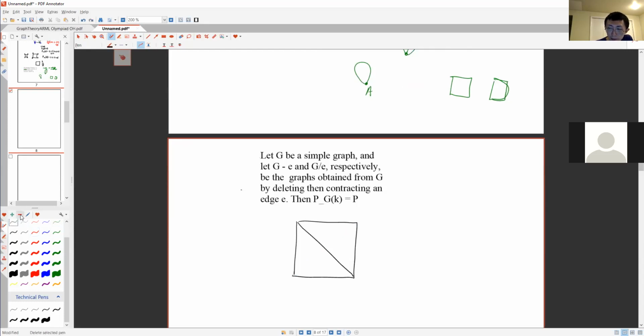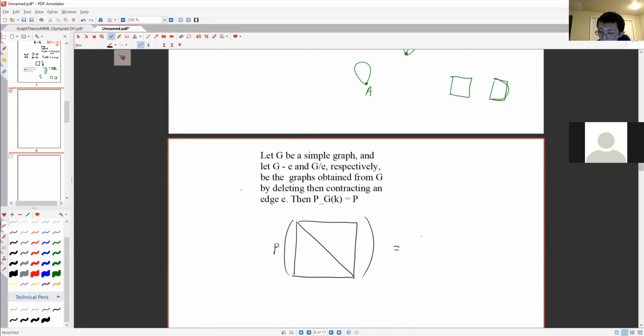So what this theorem says is the chromatic polynomial of this, P of this thing, is equal to... oh, I didn't write down the whole thing.